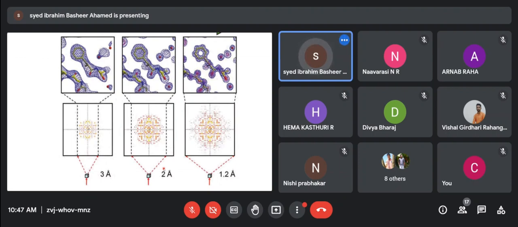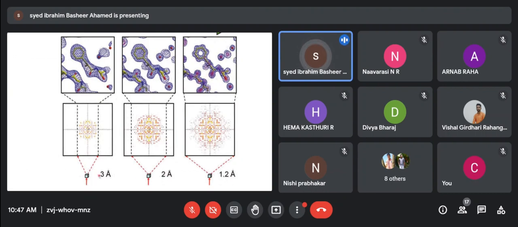Even though you are using X-rays to study molecular properties, normally you are able to get data of 2, 2.5 or 3 angstrom. So 2 to 3 angstrom is reasonable.